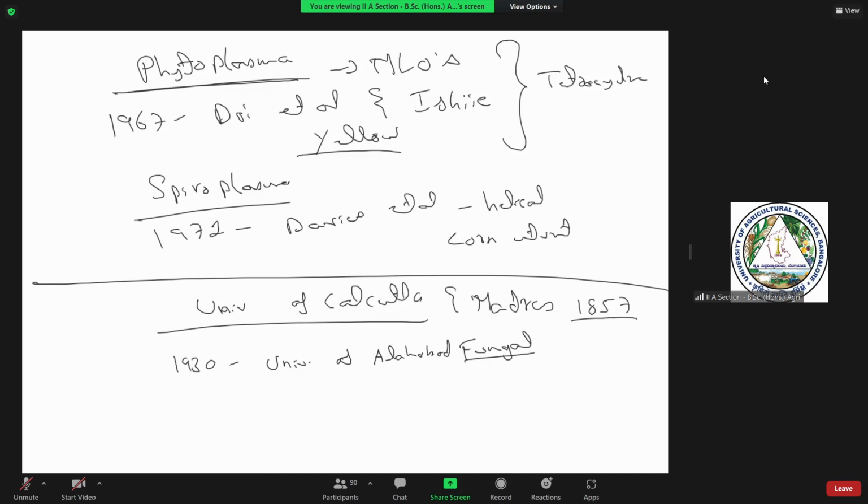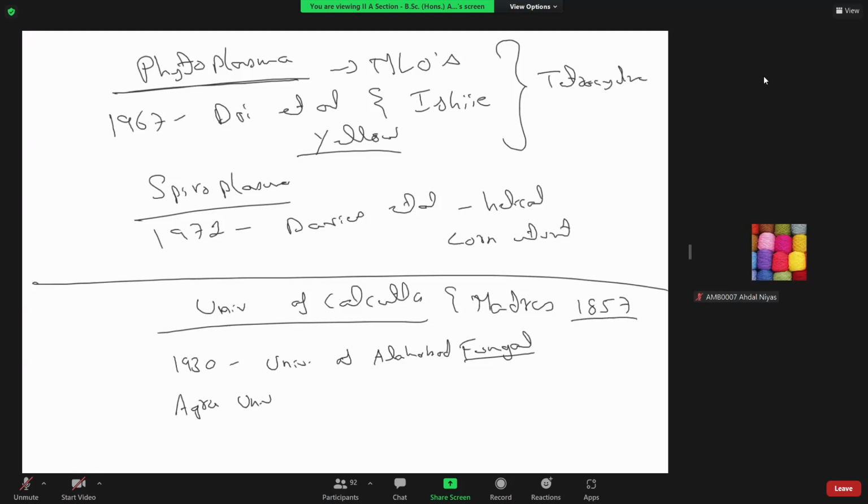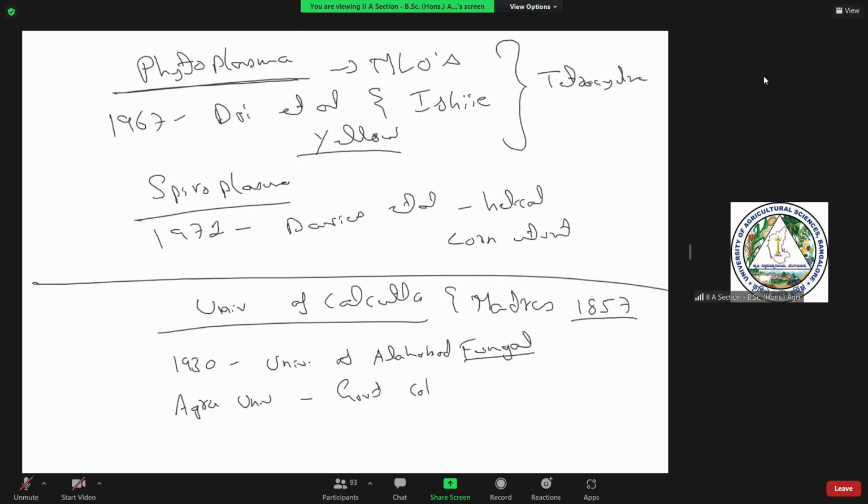As a course, the University of Madras introduced plant pathology, and later Agra University introduced the postgraduate program in plant pathology in Government College, Kanpur. That was in 1945.